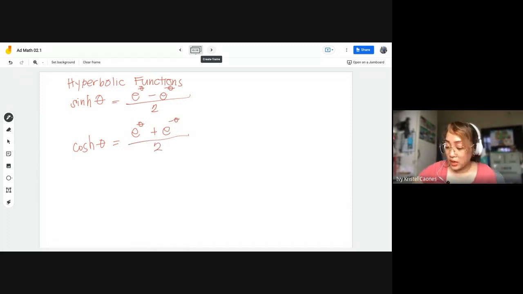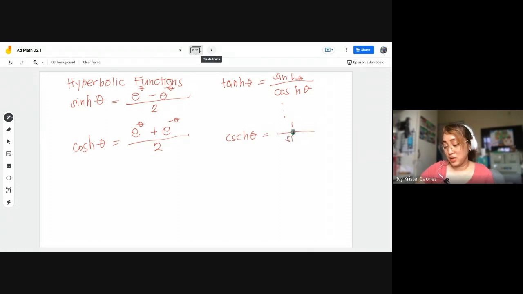To follow again, tangent h theta is sine h theta over cosine h theta, up to cosecant h theta equal to 1 over sine h theta.